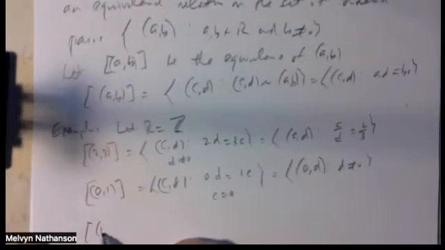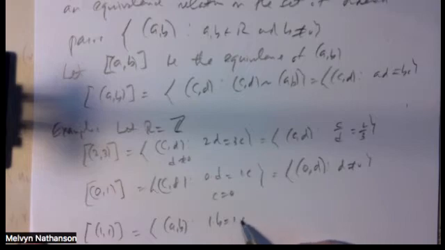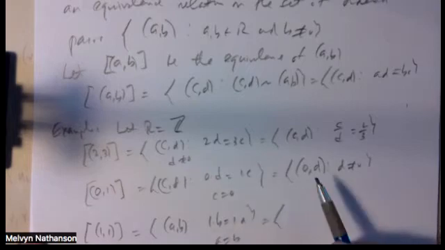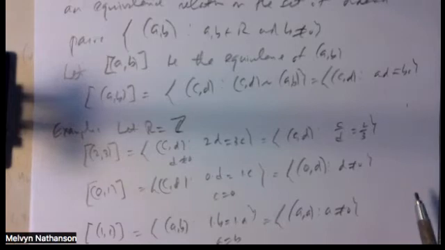What would the equivalence class of (1, 1) be? It would be all ordered pairs, and it doesn't matter what letters I use, (A, B) such that 1 times B equals 1 times A, or in other words, A equals B. So this is all ordered pairs of the form (A, A), where A is a non-zero integer.